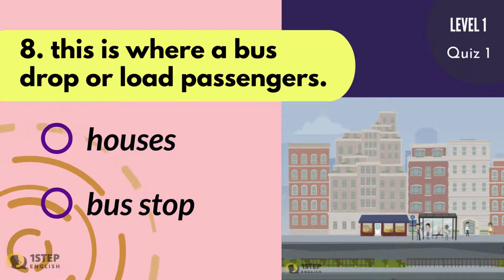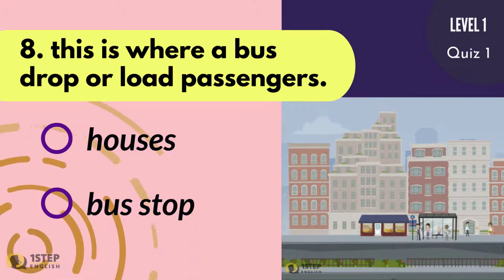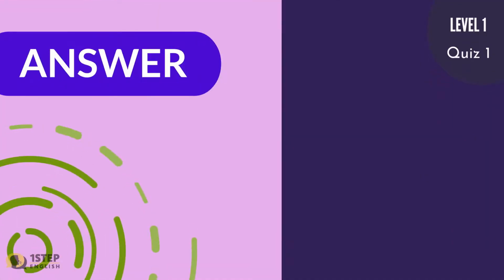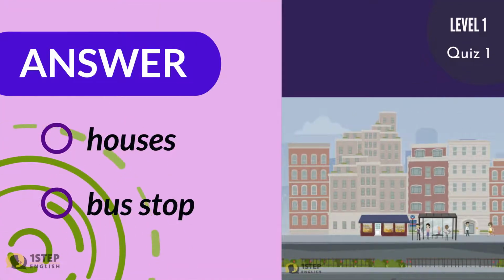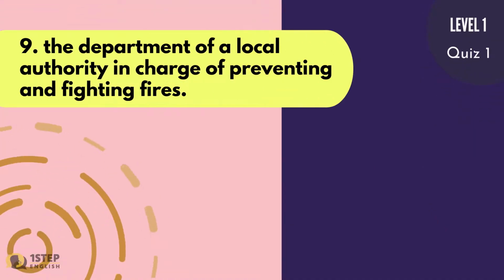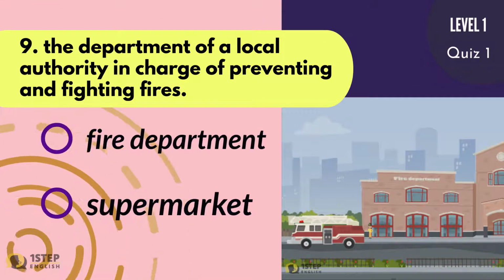Number 8. This is where a bus drops or loads passengers. The answer is bus stop. Number 9. The department of a local authority in charge of preventing and fighting fires.